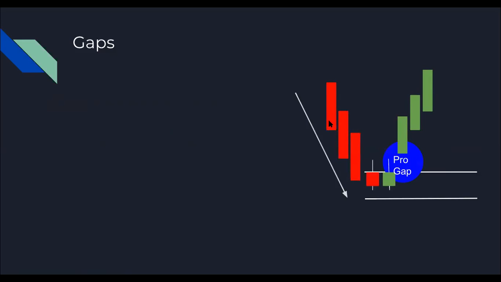Now, what you see here is price coming down and closing here, and next day gapping up. This kind of a gap, where the price is gapping in the opposite direction of the previous few days' move, can only be caused by big institutional players, don't you think?